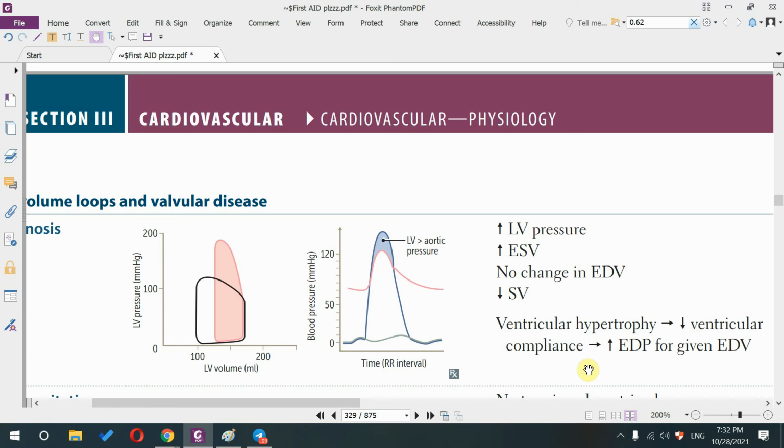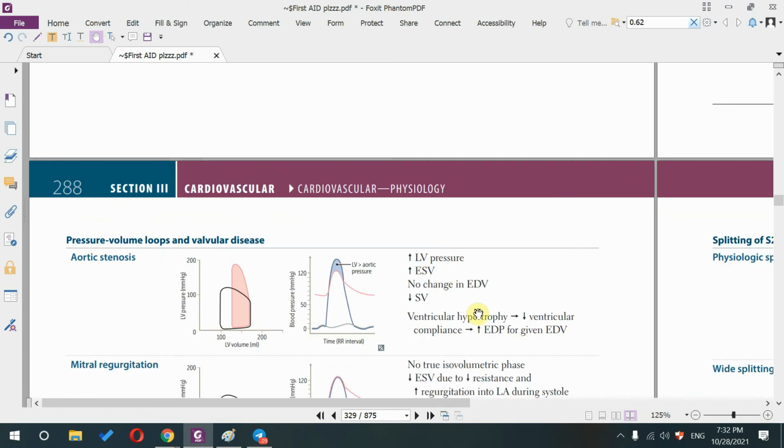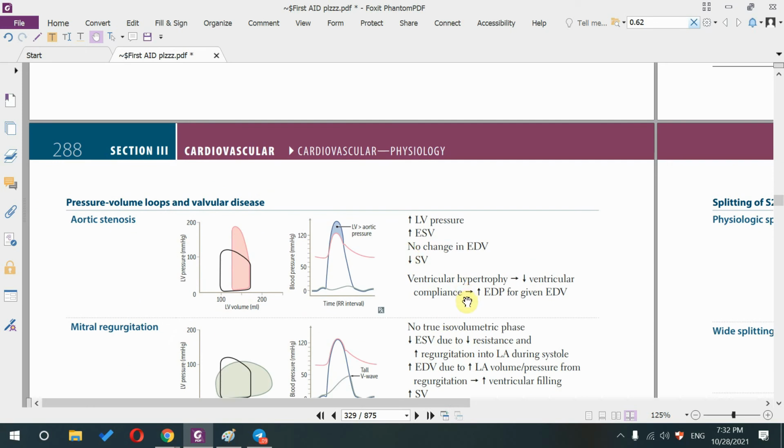So what will happen to the end systolic volume? You told me it will increase. What about the end diastolic volume? It will not change, you said that, and the stroke volume, you said it will decrease as well. In aortic stenosis, there is increased afterload, obviously, resistance against the heart pushing. So there will be ventricular hypertrophy and decreased ventricular compliance, but that takes time, guys.